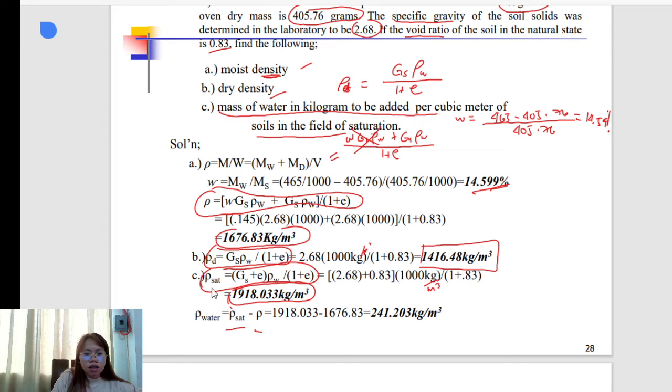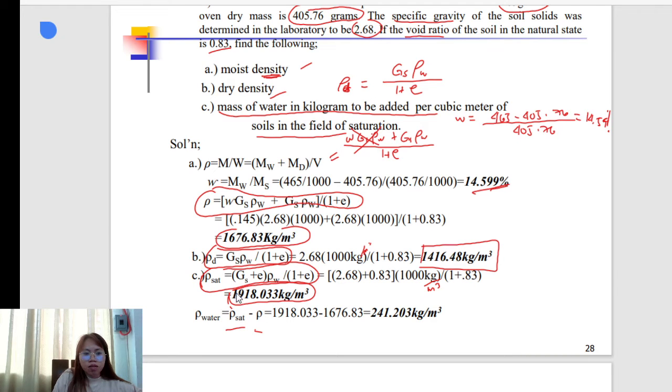Notice that the saturated density is greater than the moist density, which is just equal to 1600, and also greater than, of course, the dry density, which is equal to just 1400.